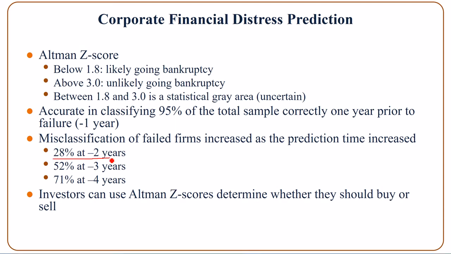If the prediction time is 2 years, then the misclassification rate is about 28%. Later it increases to 52% for a prediction time of 3 years and 71% at 4 years.